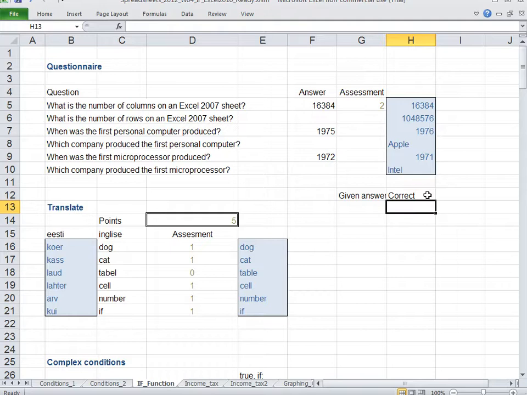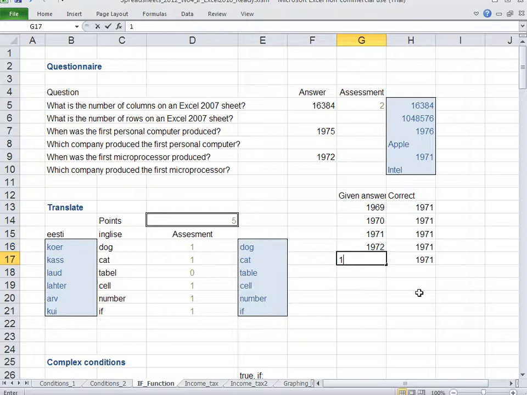So the correct answer is always 1971. I'm gonna copy this formula so that it's all here. And let's say that the given answer was actually 1969, or it was 1970, or it was the correct answer 71, or it was 72 or 73.